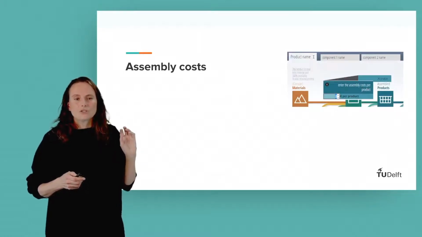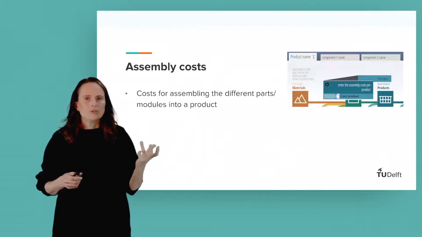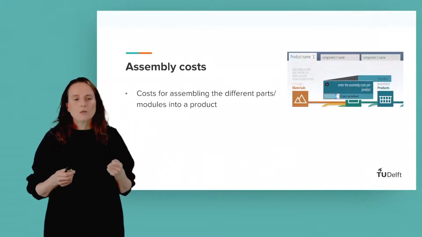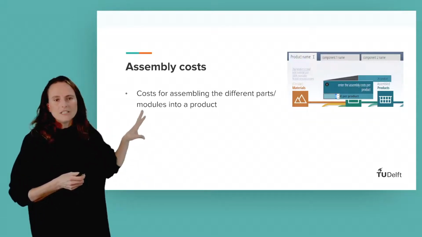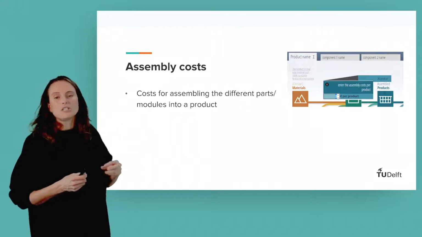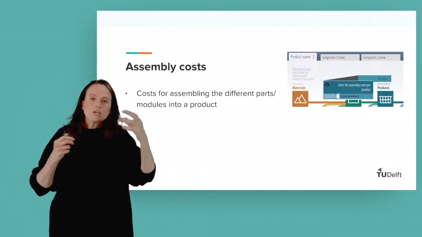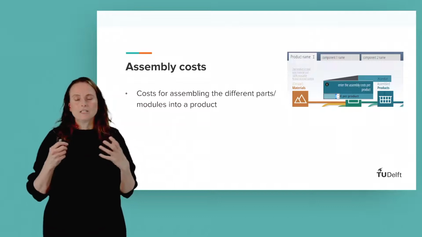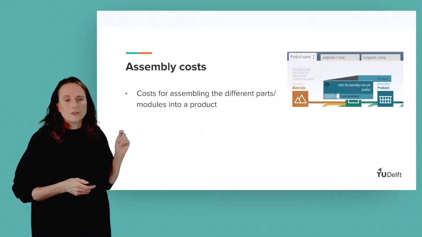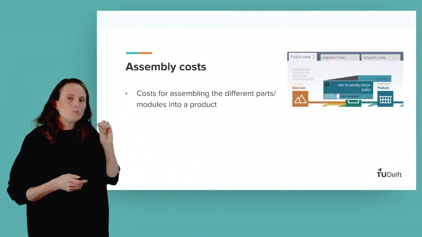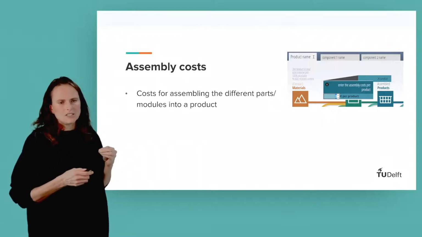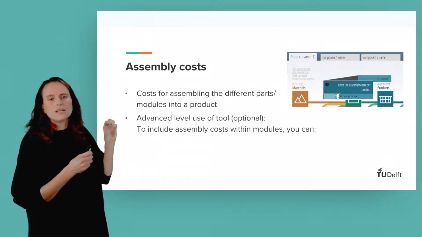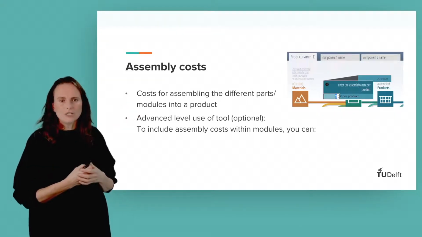One was about how to deal with assembly costs. And this is more advanced level modeling with the costs. Typically, the assembly cost is where you put the costs for assembling all the different modules together into a product. If you want to have a more detailed analysis, you can also include the assembly costs within the module.